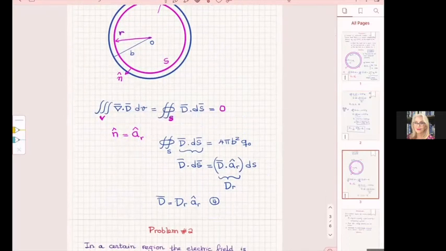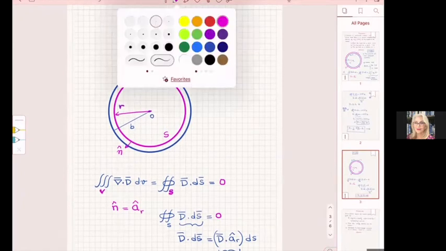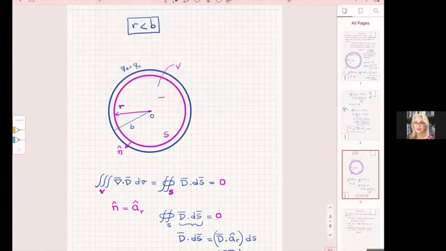So here, since there is no charge that has been incorporated inside the volume, this volume V, this is 0, okay, which means out of this one that this bar equals 0. And what that says is that the electric field inside here, so E is going to be 0 for every R, which is less than B.